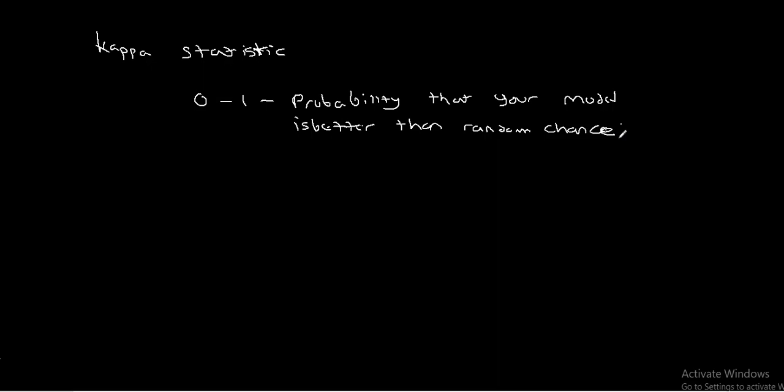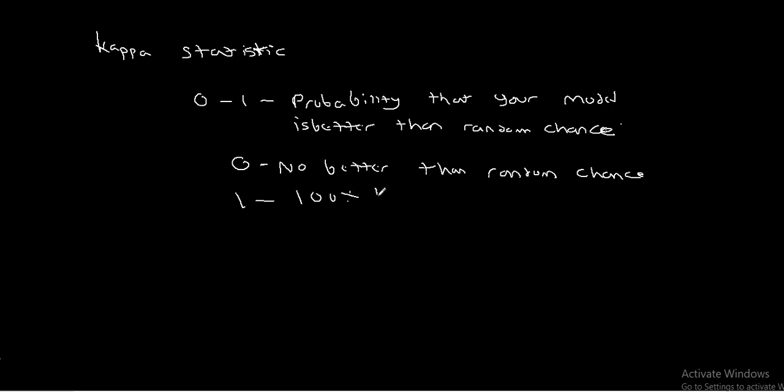The Kappa statistic is a value between 0 and 1, and it's the probability that your model is better than random chance. So if your Kappa is 0, you are no better than random chance. If your Kappa is 1, then you are 100% better than random chance.